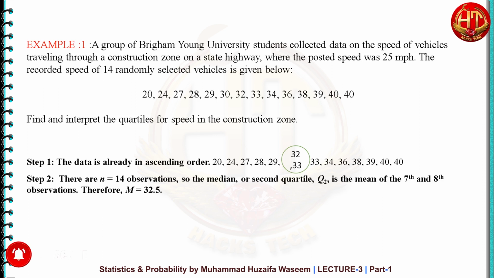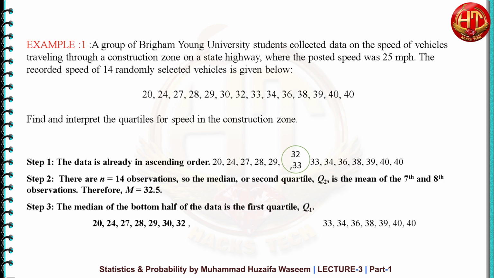After calculating the median you have to calculate the first quartile and third quartile. So how can you calculate the first and third quartile values? For the first quartile value you have to take the first 7 observations, which are 20 up to 32, and for the third quartile you have to take the last 7 observations, which are 33 up to 40.